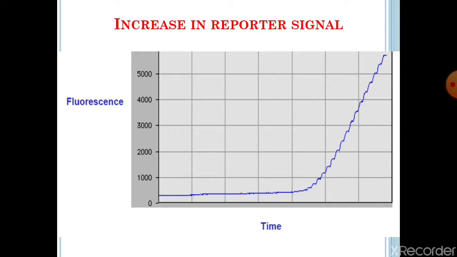So, this figure shows the increase in the reporter signal over time. The amount of reporter signal increase is proportional to the amount of product being produced for a given sample. Okay, so you can see as the time increases, the fluorescence by the reporter signal is increasing.